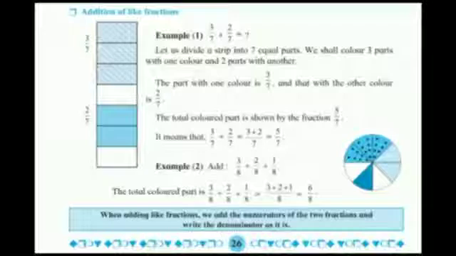We shall color 3 parts with one color and 2 parts with another color. There is one strip with 7 parts, and 3 parts are with one color and 2 parts are with another color. Okay, the part with one color is 3 upon 7 and that with the other is 2 upon 7. The total colored part is shown by the fraction 5 upon 7.